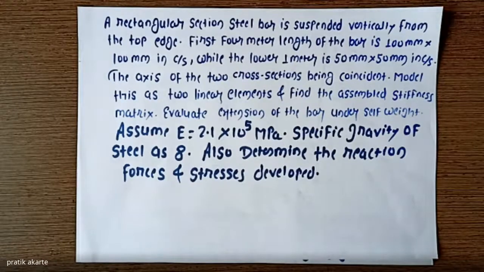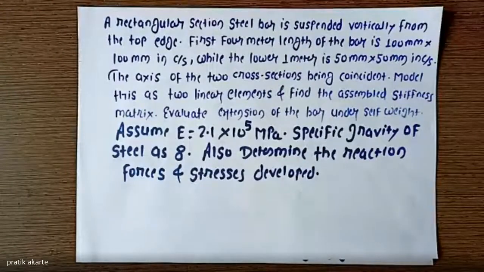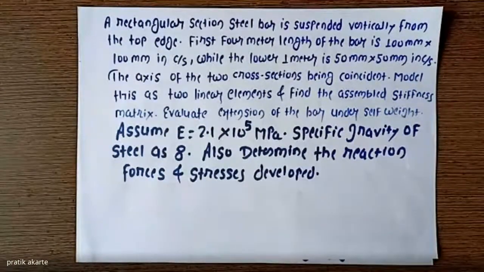In every numerical solution, there are two parts: first is the homogeneous part, which occurs because of the natural behavior of the system, and second is the particular part, which happens because of the external disturbances applied. So here no external disturbance is applied, so we have to deal with only the homogeneous part.